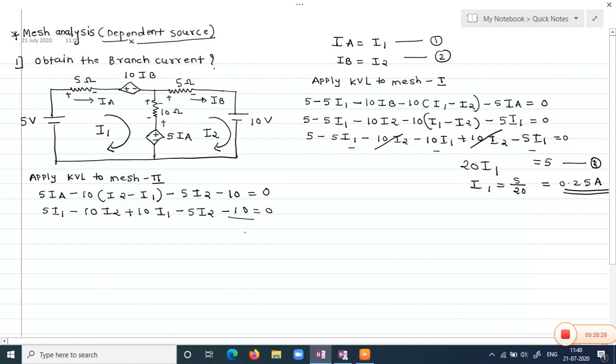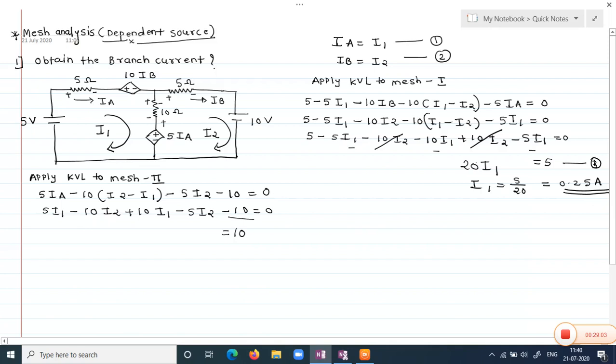So we'll take minus 10 as a plus 10 over here. Nothing is to be changed in the outside sign. In the previous equation, 5 we kept outside, that minus sign became plus, but here the voltage source is minus 10 volt, that minus 10 we will keep outside as a plus, means nothing is to be changed here.